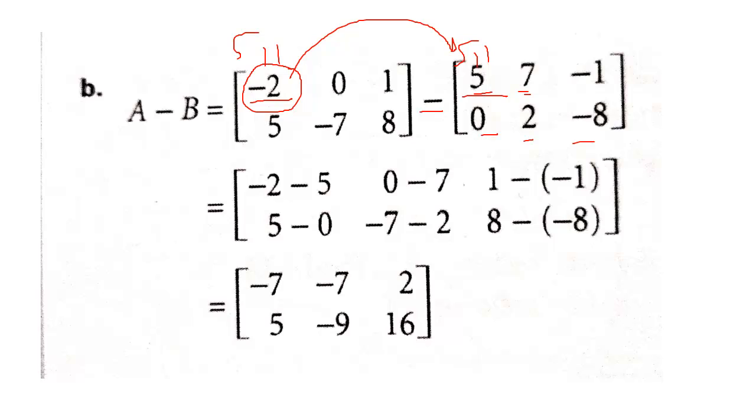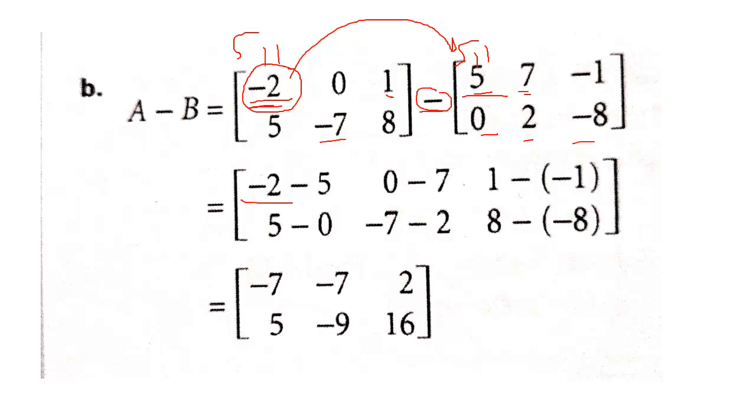So negative 2 minus 5, 0 minus 7, 1 minus 1, so minus by minus, it's gonna be plus. 5 minus 0, negative 7 minus 2, 8 minus 8, so negative by negative is gonna be positive, so 8 plus 8.